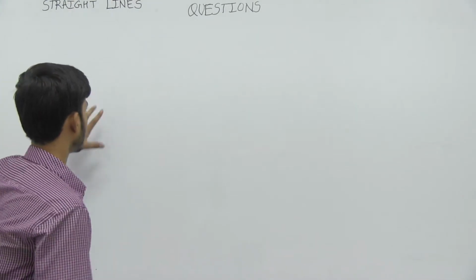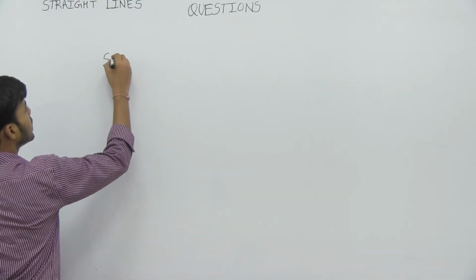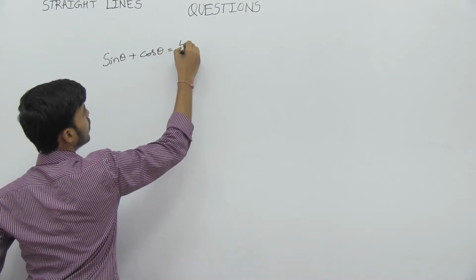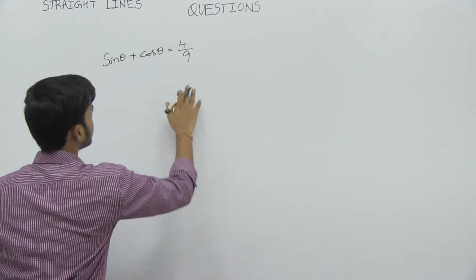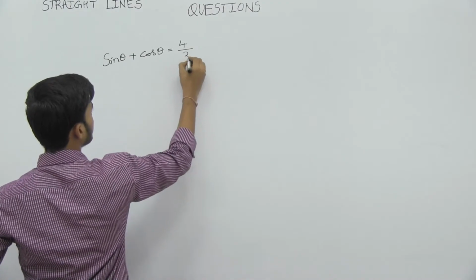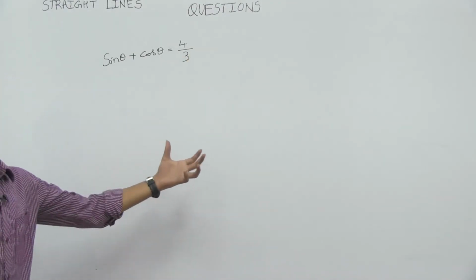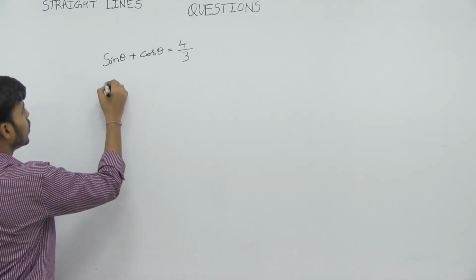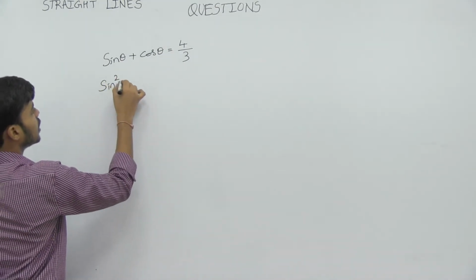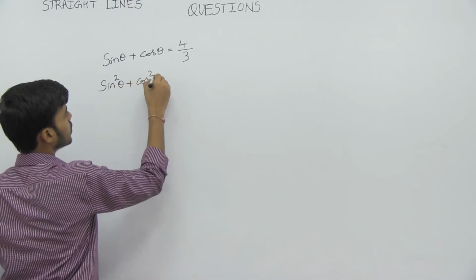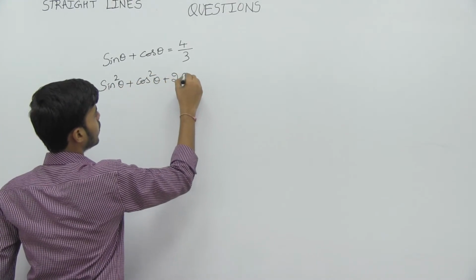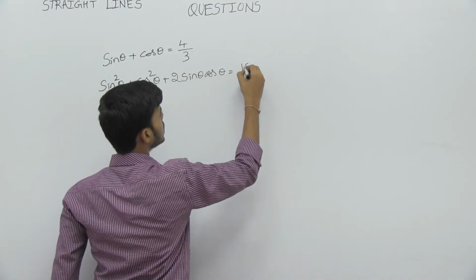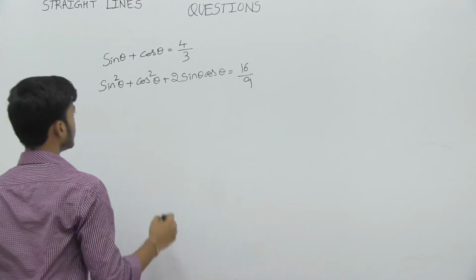In the previous question, when we arrived at sin theta plus cos theta equal to 4 by 3, we did squaring on both sides, but I forgot to square the right hand side. So let's continue doing it now. We get sin square theta plus cos square theta plus 2 sin theta cos theta equal to 16 by 9.